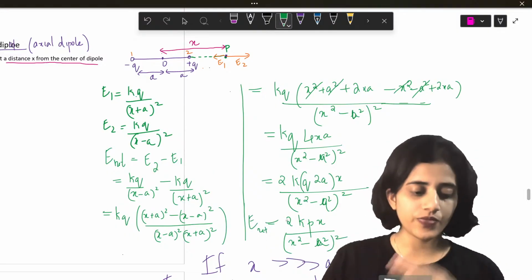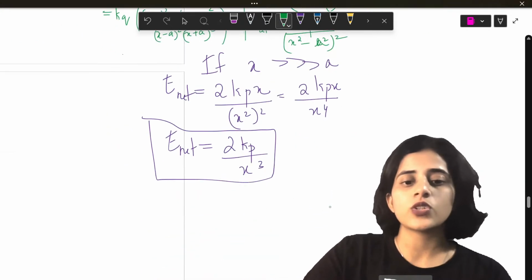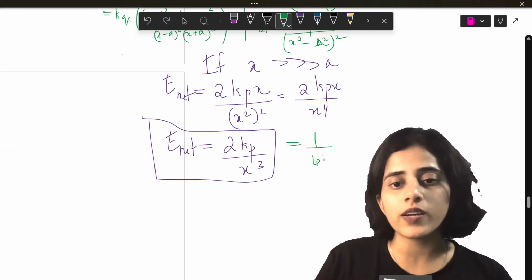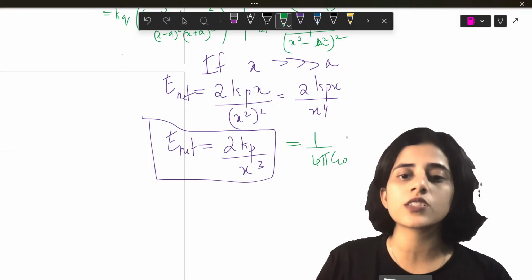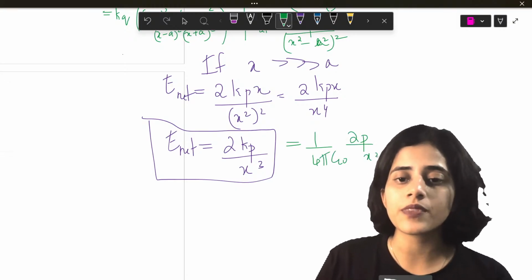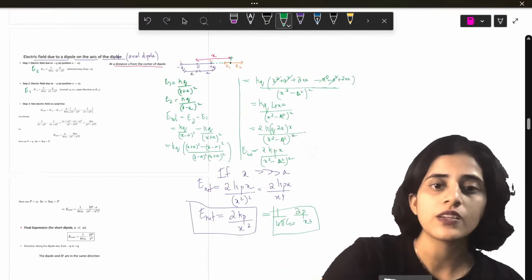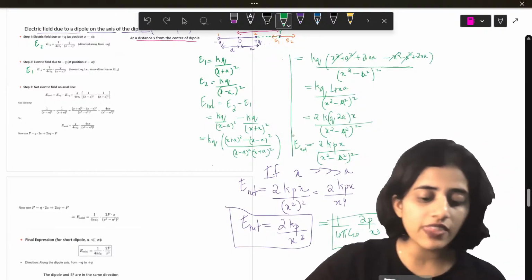Alright. So now if you want to write it in terms of 1 by 4 pi, you can also write it as 1 by 4 pi epsilon naught into 2p by x cube. K is 1 by 4 pi epsilon naught. Okay. So I've done the derivation here.